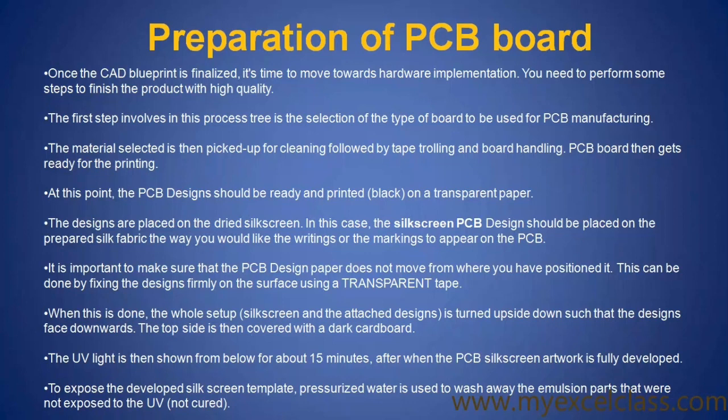In your first step, you move to the process tree. This process tree is the selection of the type of board to be used for PCB manufacturing. So the first step involves the selection process.